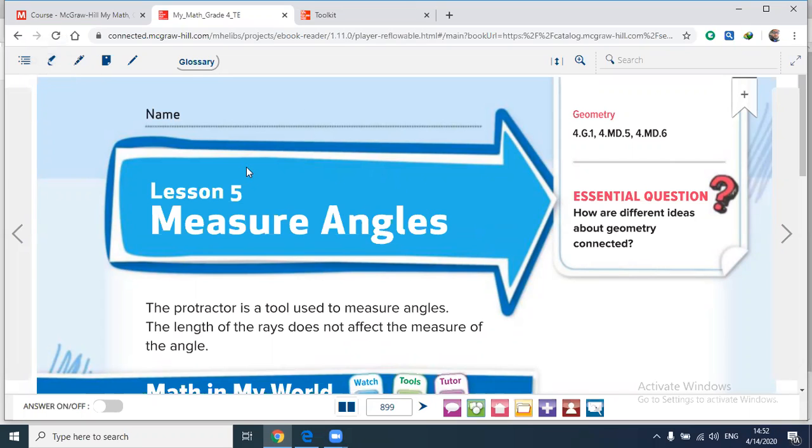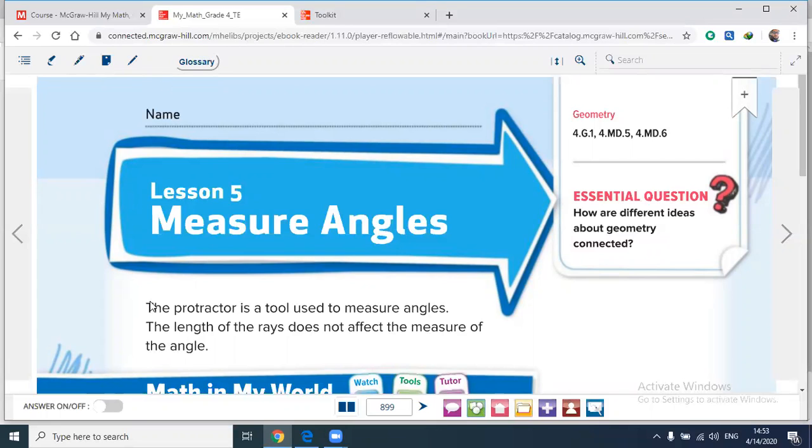Today we are going to study lesson number 5, measure angles. To measure angles, we need a tool. What tool can we use to measure angles?